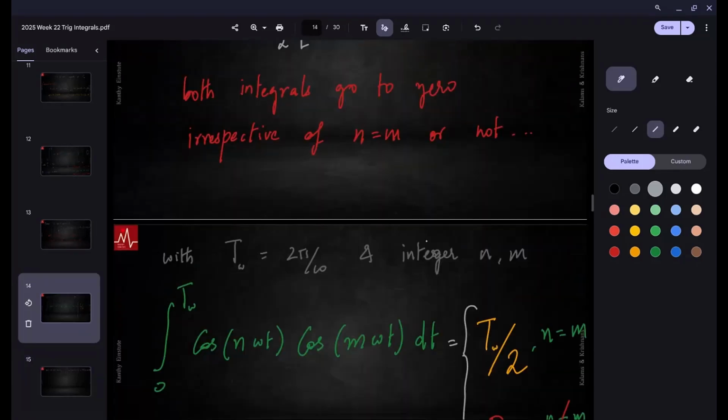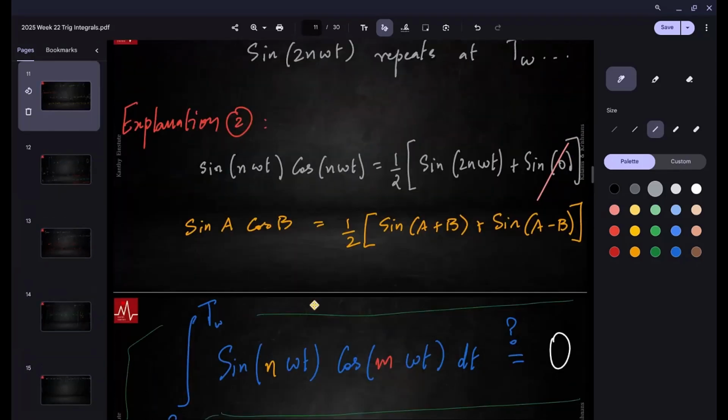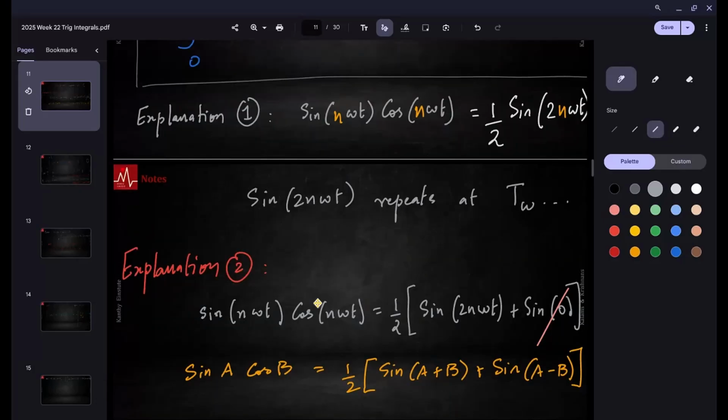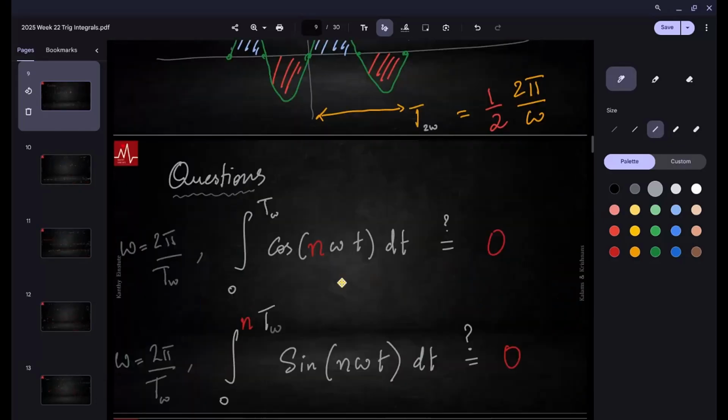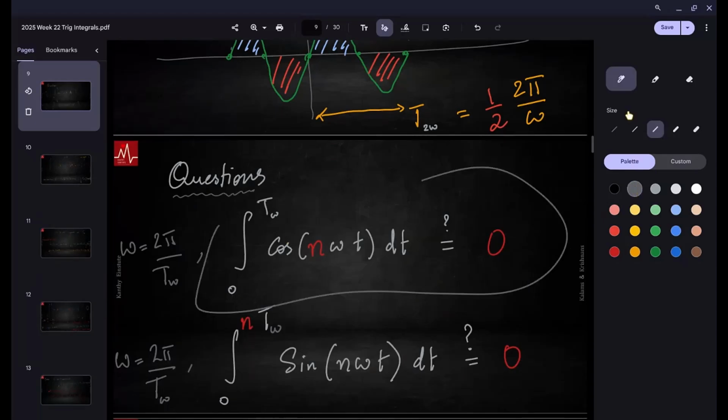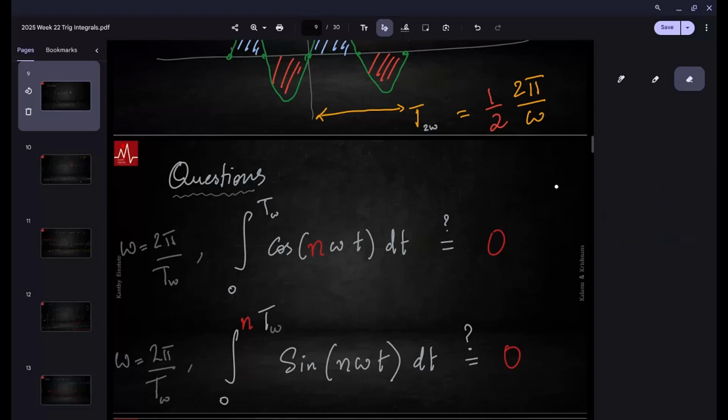So we have answered this. We know what happens to full period integration of cosines. That is also 0, but you have to be careful here.